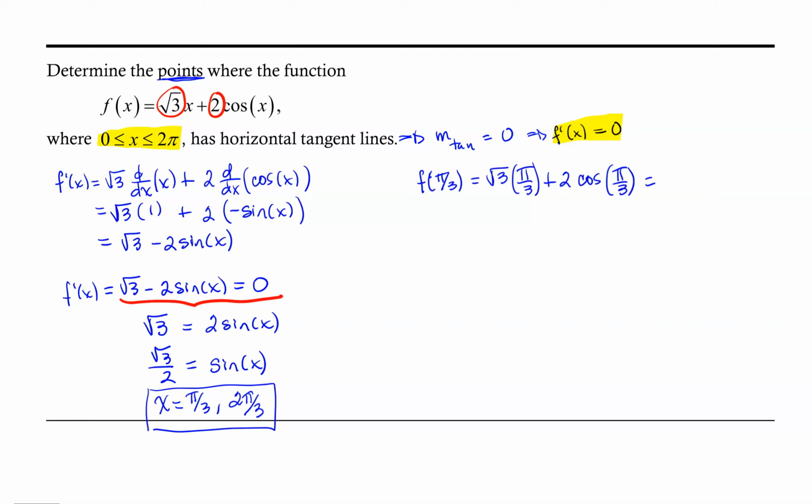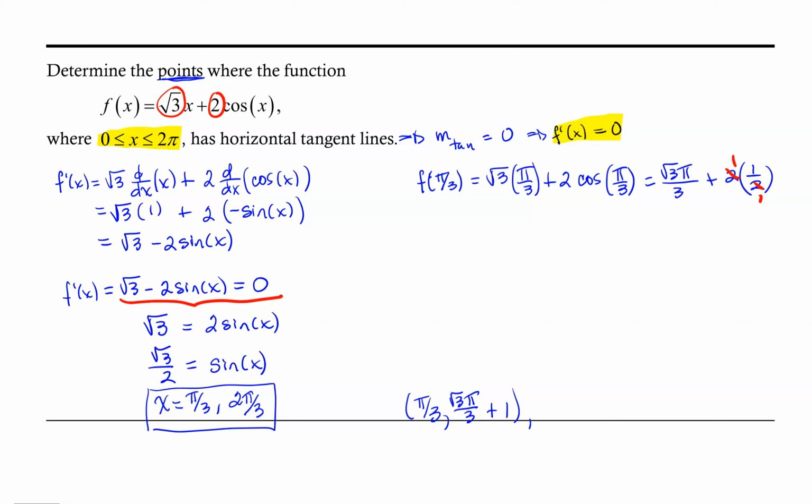And so we end up with square root of 3 pi over 3 plus 2 times, and now cosine of pi over 3 is 1/2. And so the 2 times the 1/2 will simplify to be 1. So one of our points is pi over 3, comma, square root of 3 pi over 3 plus 1.